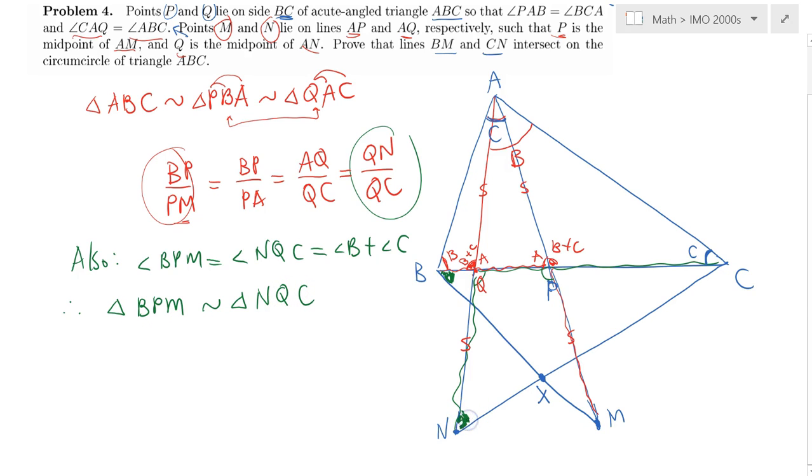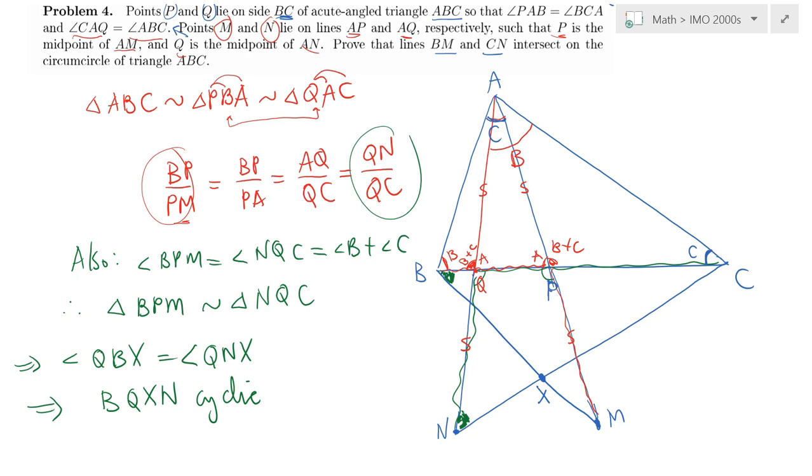But if these two angles are equivalent, let's write that down. This implies that angle QBX is equal to angle QNX, but that suggests that quadrilateral BQXN is cyclic. So we can further say that this angle over here, which is angle A here, would have to be equal to this angle over here.